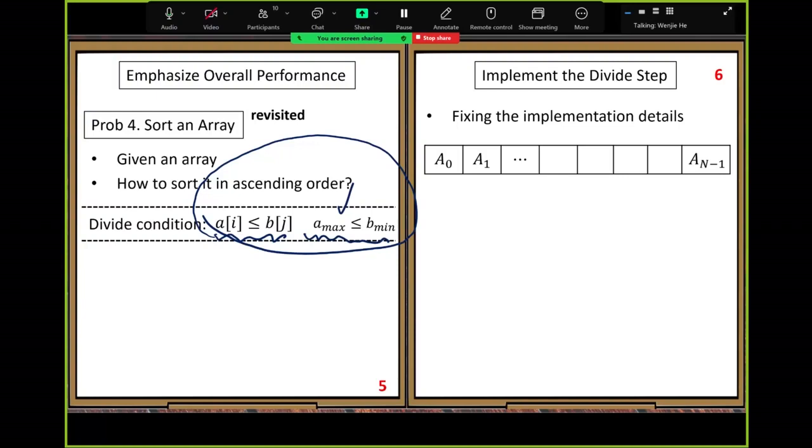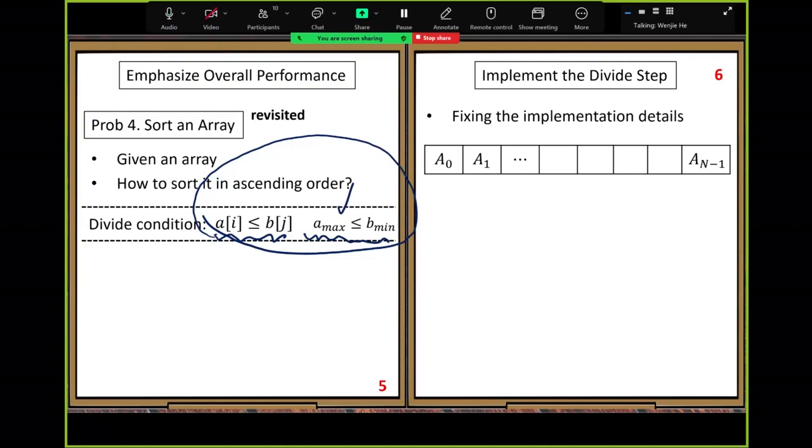All right. So here I want to give you more important information about the split. When you split your data, you're allowed to move the elements in the given array.